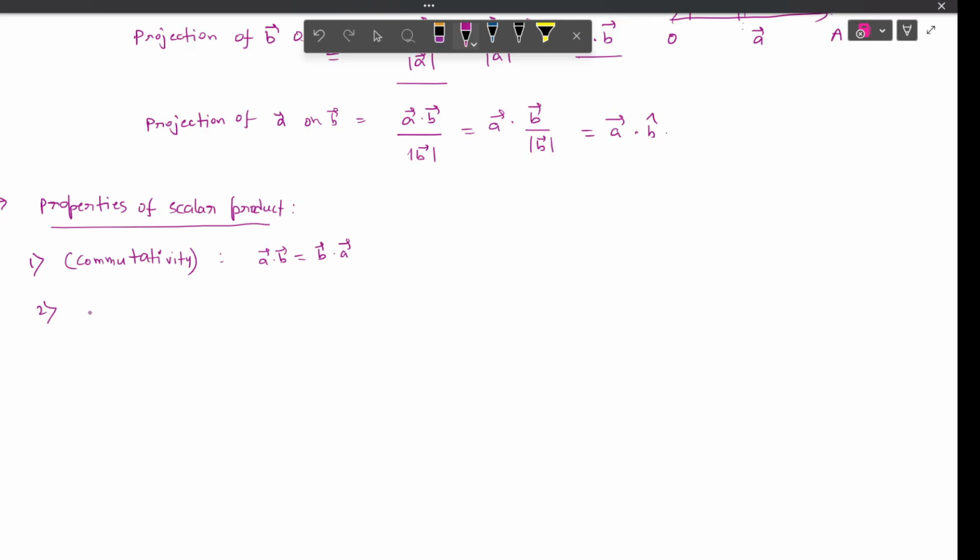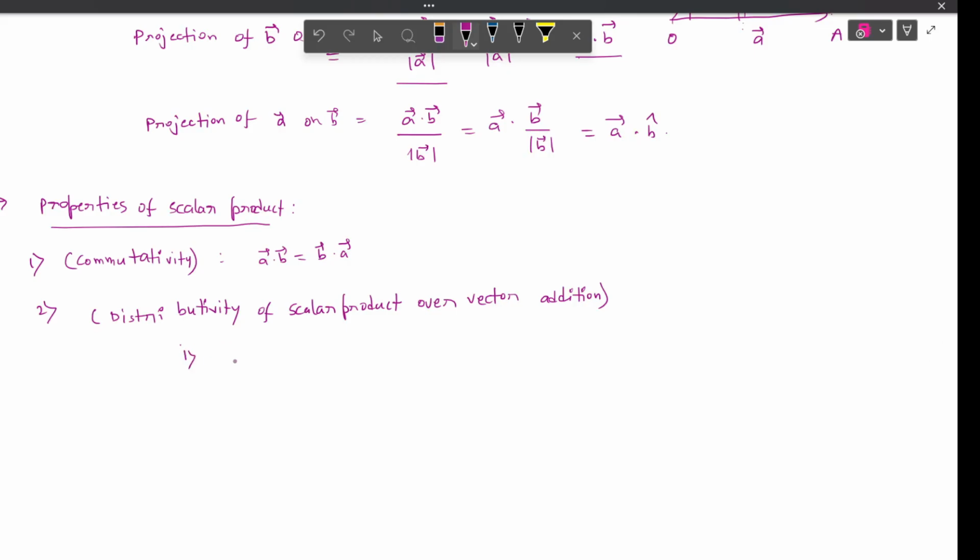Property 2, distributivity of scalar product over vector addition. Okay, the scalar product of vectors is distributive over vector addition.